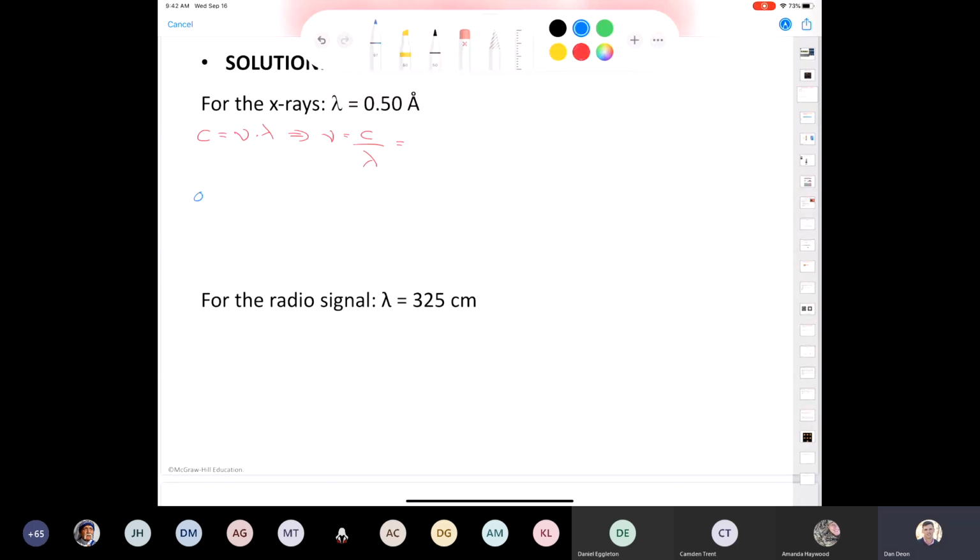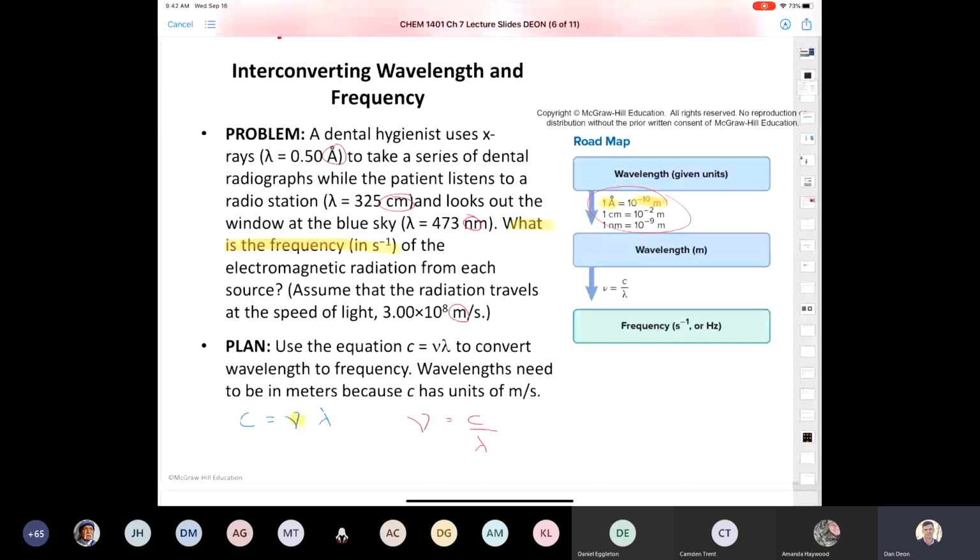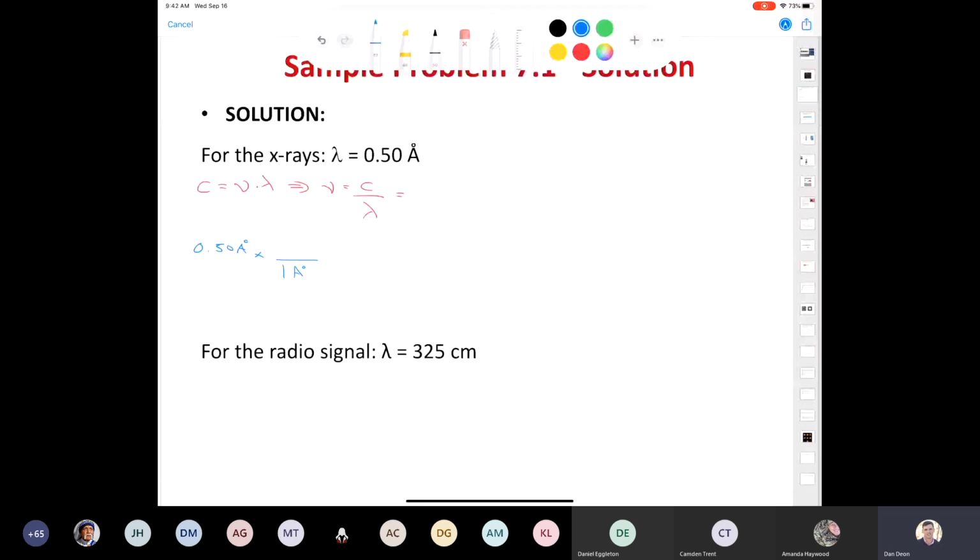We have 0.50 angstroms, and I know that in 1 angstrom, I have 10 to the negative 10 meters. So let me go back here. I know that in 1 angstrom, I have 1 times 10 to the negative 10 meters. And so that's going to be equal to 0.50 times 10 to the negative 10 meters. I'm just doing it in my head, actually.